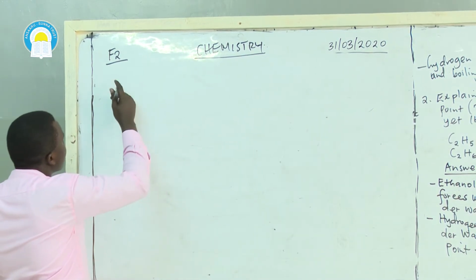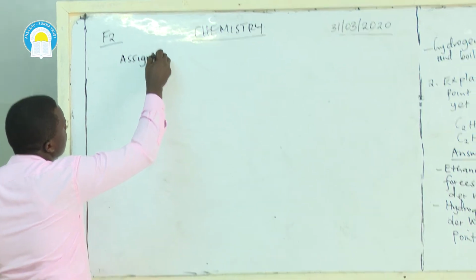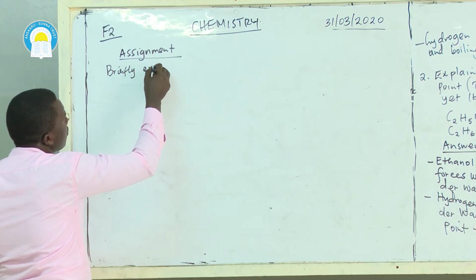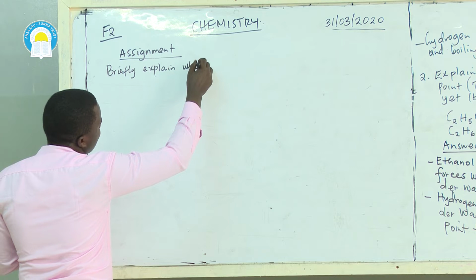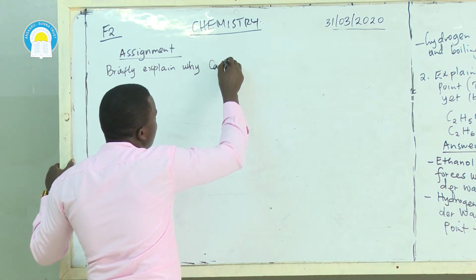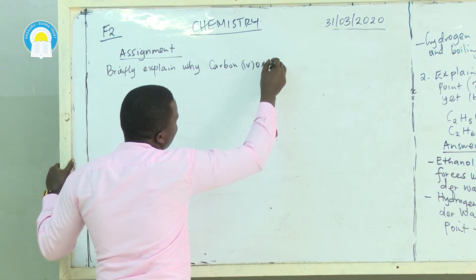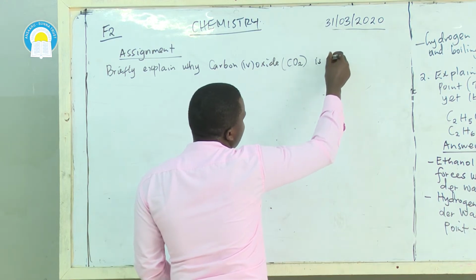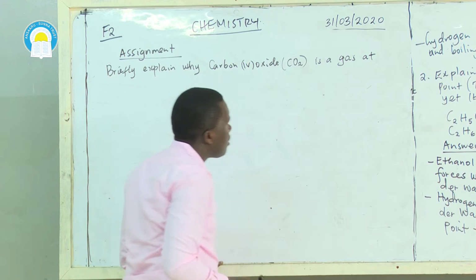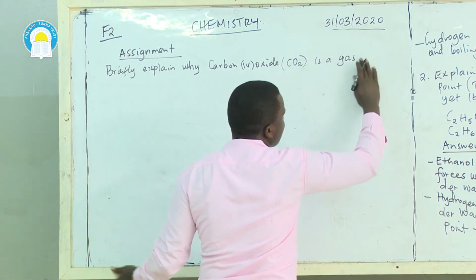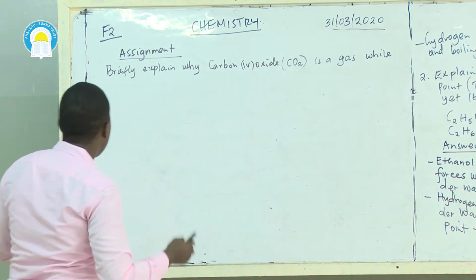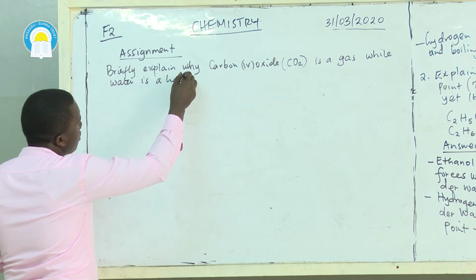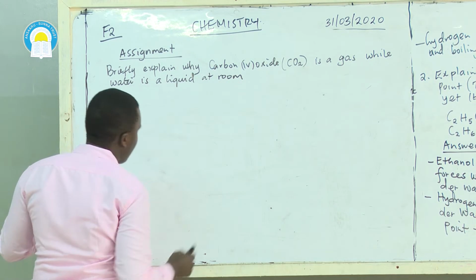So just a small assignment, that briefly explain why carbon dioxide, now you know the CO2, is a gas while water is a liquid at room temperature.